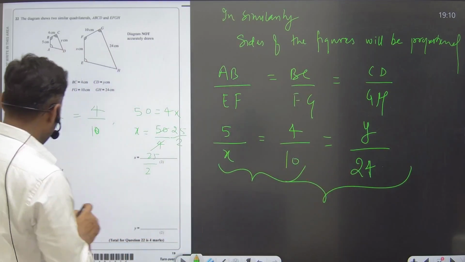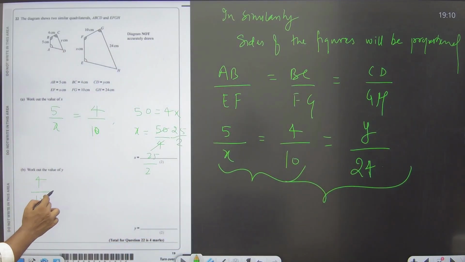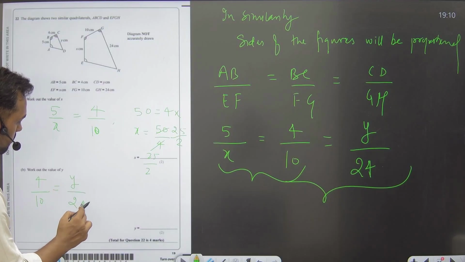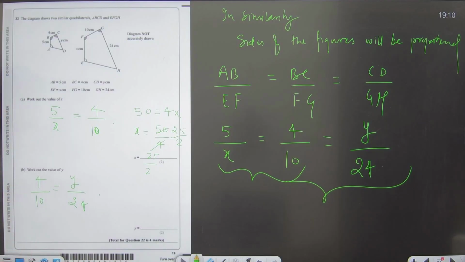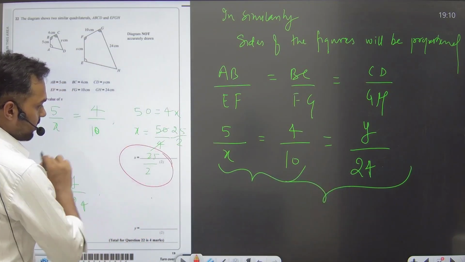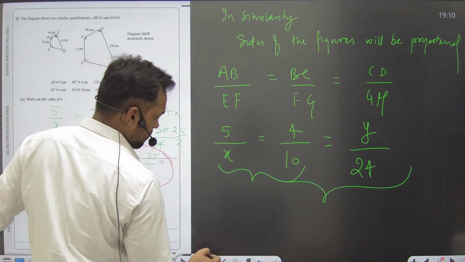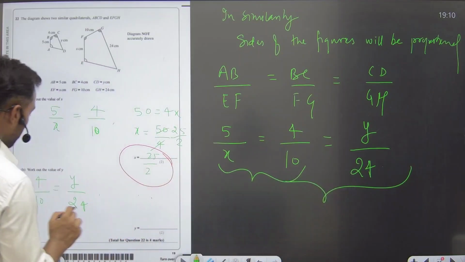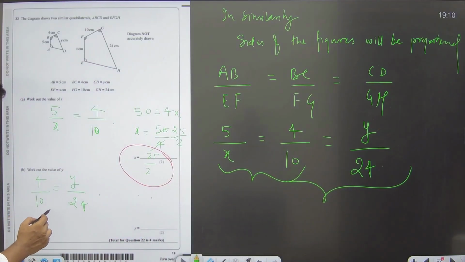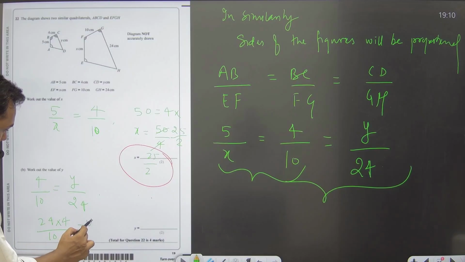So it will be 4 by 10 equals y by 24. This is the value of x, and for y we are calculating. Again we need to do the cross multiplication here. So we'll get 24 cross 4 upon 10 equals y.